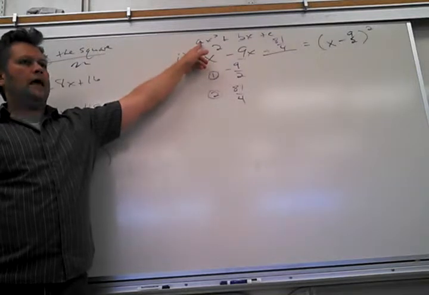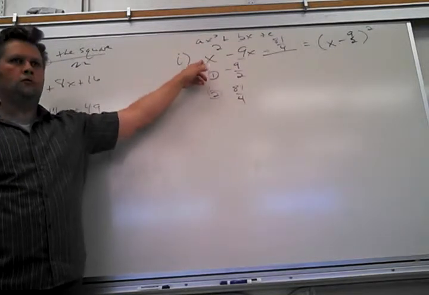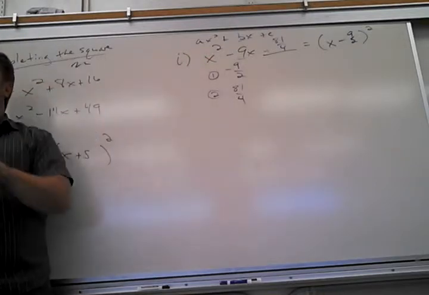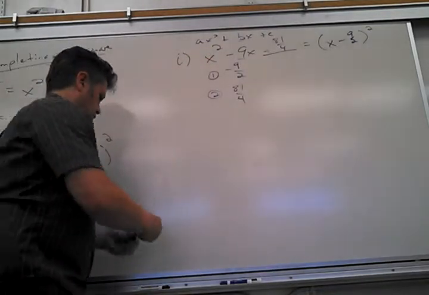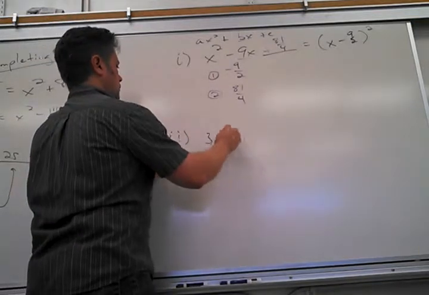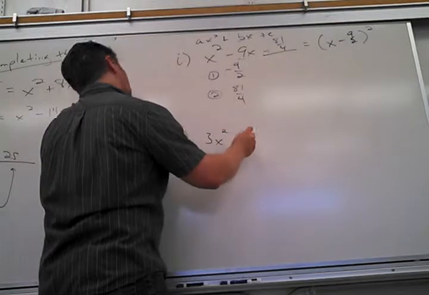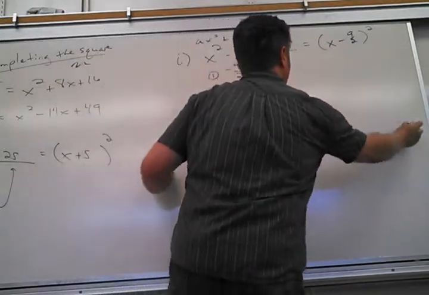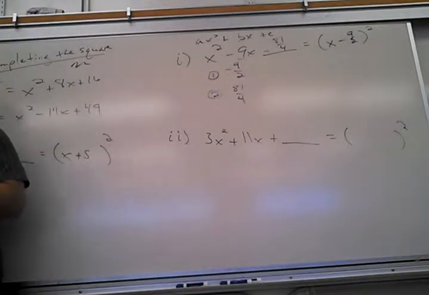Now notice one thing. So far I've always made a 1, and this is built off of a being 1. So what if a is not 1? Let me make something really nice and gross. What you actually have to do, since it's built off of that first coefficient being 1, is take the 3 out.